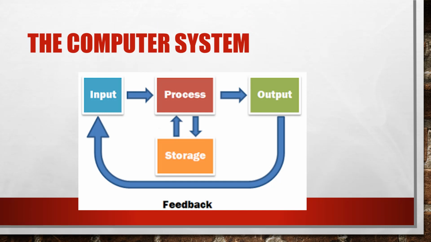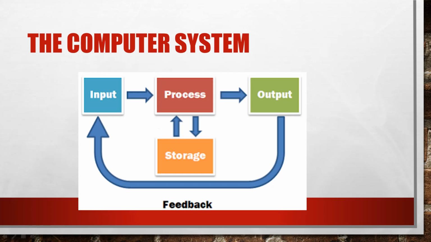The computer system. Listen, we need to understand how this thing functions, right? The computer takes input, it processes it, and it gives output. But sometimes, based on the input, the process may retrieve it from storage because it already knows the result, and then output it, right?